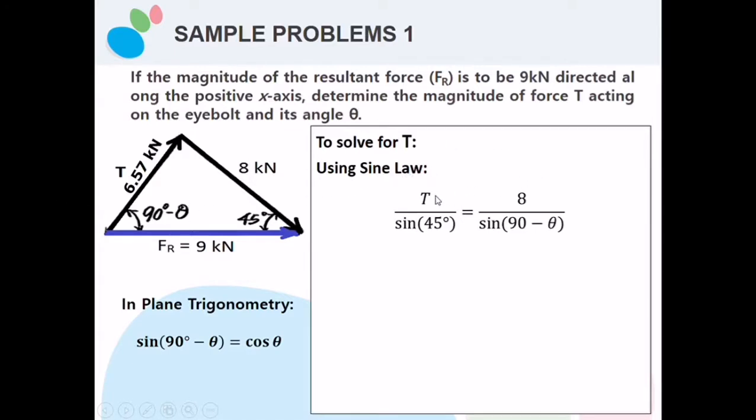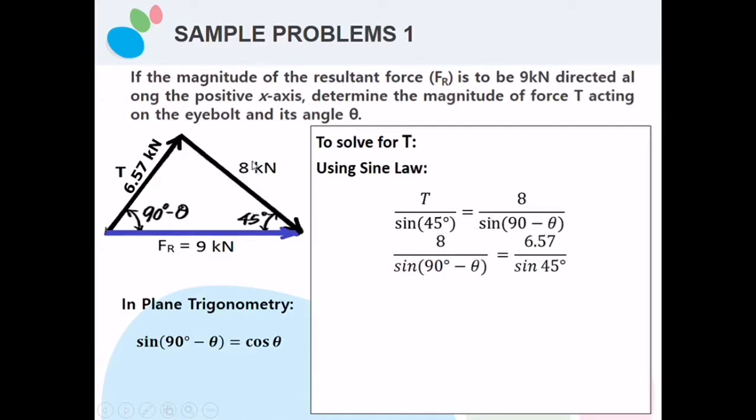We know that the sine law: side t, or 6.57, divided by sine of 45, or the opposite angle, is equal to 8 kilonewton divided by sine of its opposite angle.